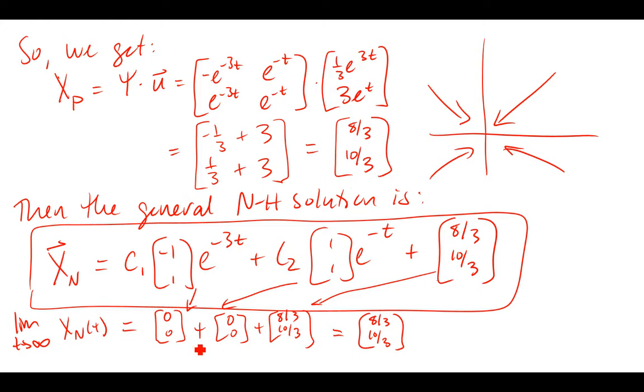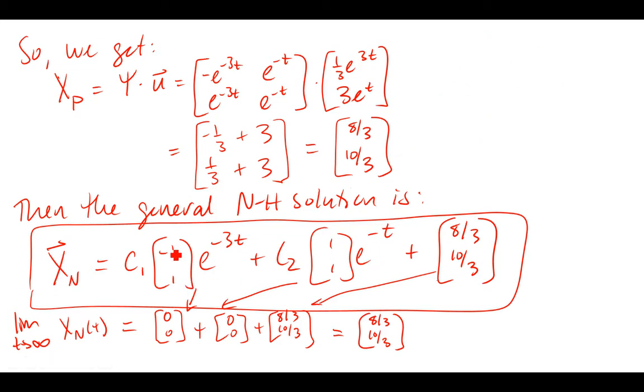And in particular, as time goes to infinity, you're heading towards the origin. So whatever path you might be taking to get there, you're always heading in towards the origin. Well, so what's the difference between that and this one? Well, this is still doing that. The front piece here is still saying head to the origin, head to the origin. But this piece over here is saying, no, I'm not going to head towards the origin. I'm heading towards 8/3, 10/3.